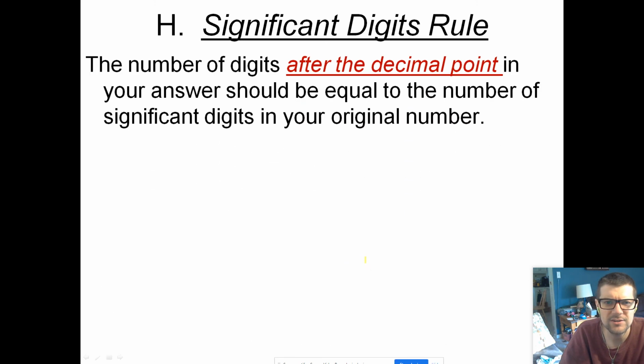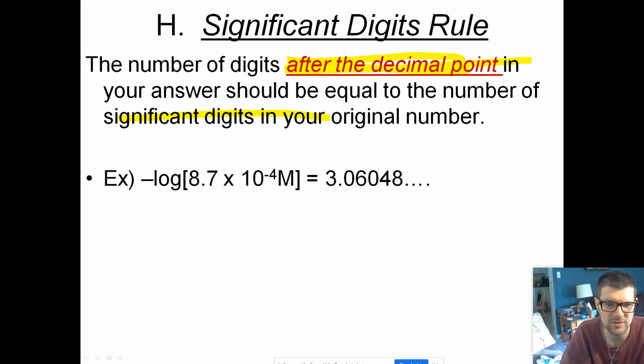When you're doing these calculations with significant digits, with acids and bases, you should, and this is weird, but it's important, the number of digits after the decimal point should be equal to the number of significant digits in your original number. So this is special just for logs. Okay, so this is a rule for logarithms.